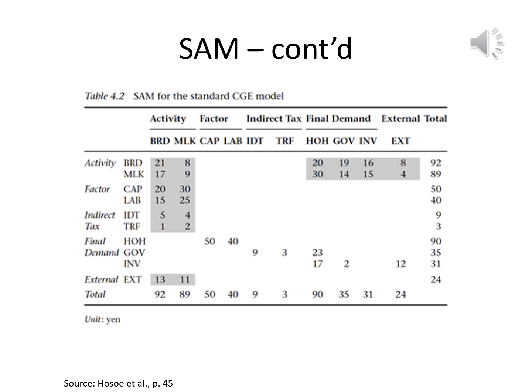This is hypothetical, so we're working on a hypothetical SAM. Milk sector pays to milk itself 9 yen, and finally bread sector pays to milk sector as input cost 17 yen. These four numbers, these four blocks, are the simple input-output table of this economy.